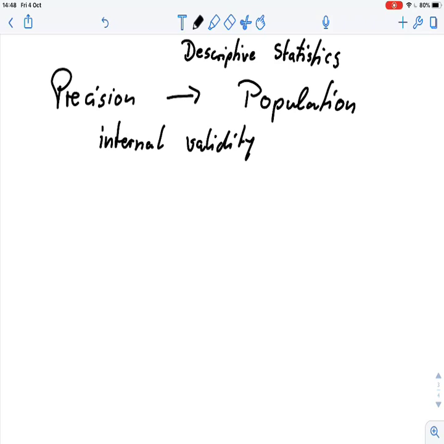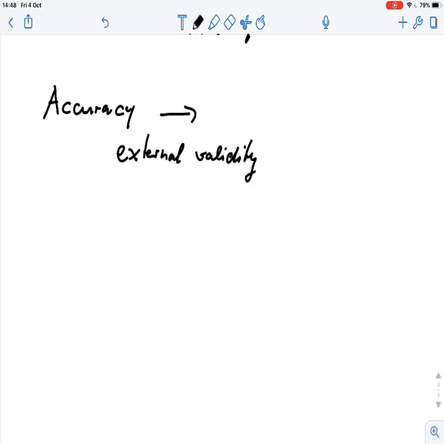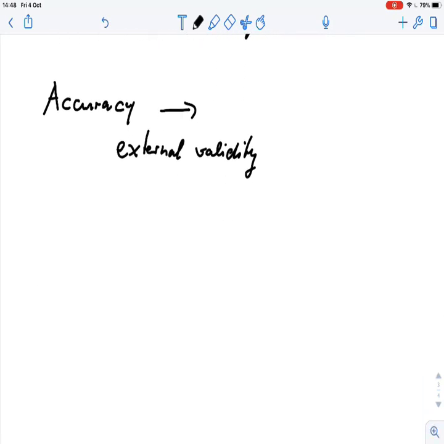In contrast, we have the concept of accuracy. In social sciences, this is also sometimes referred to as external validity, and we are going into the area of inferential statistics.